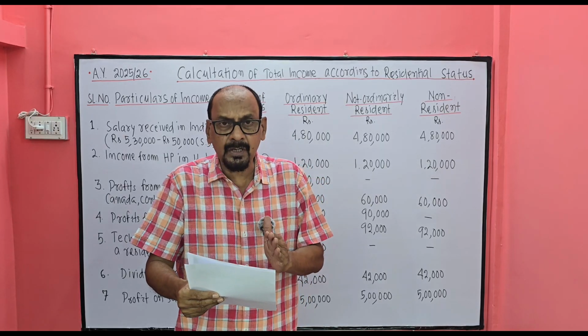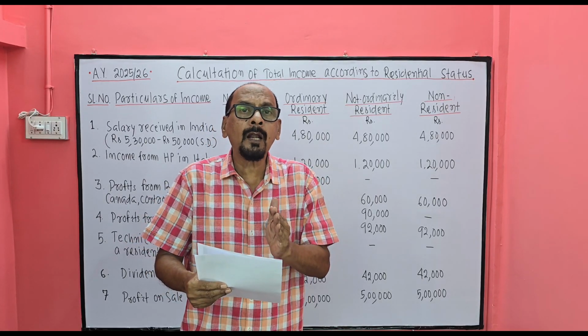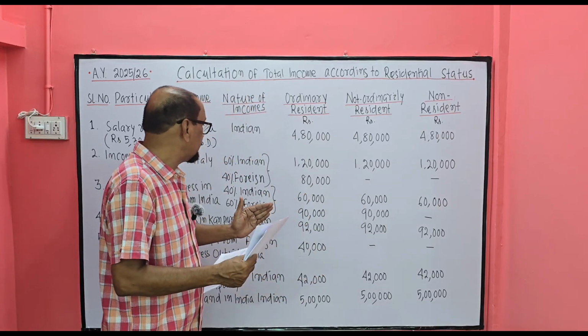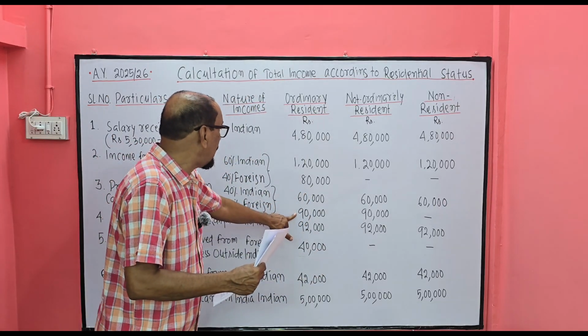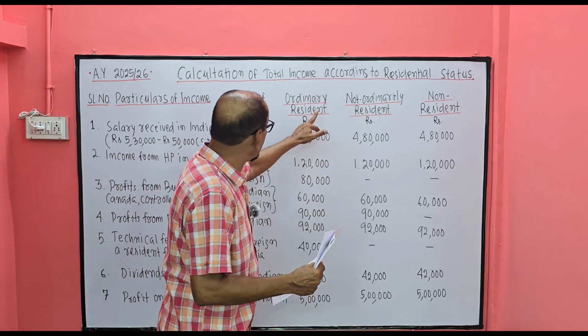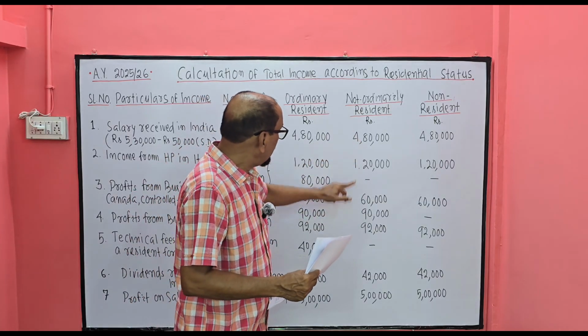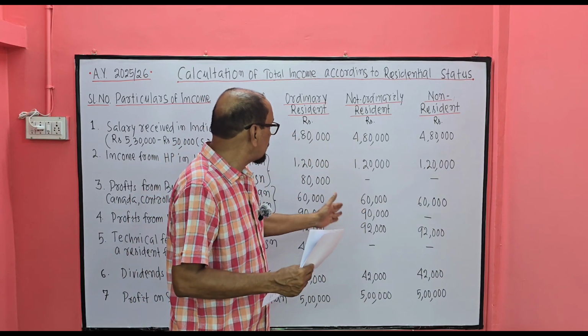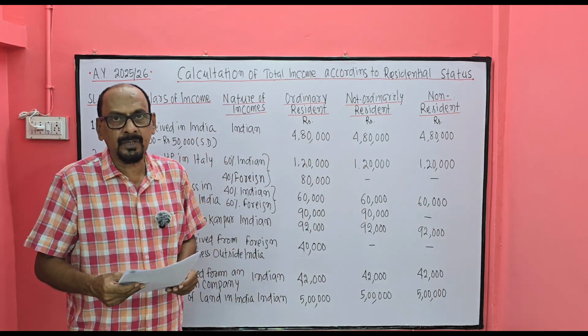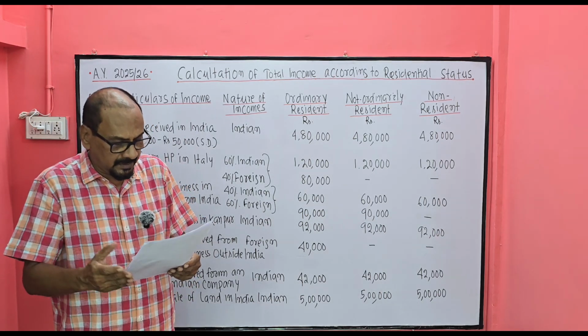So 60% of the profit out of 1,50,000, that is 90,000, is taxable in case of an ordinary resident and not ordinary resident. That is the third financial transaction.